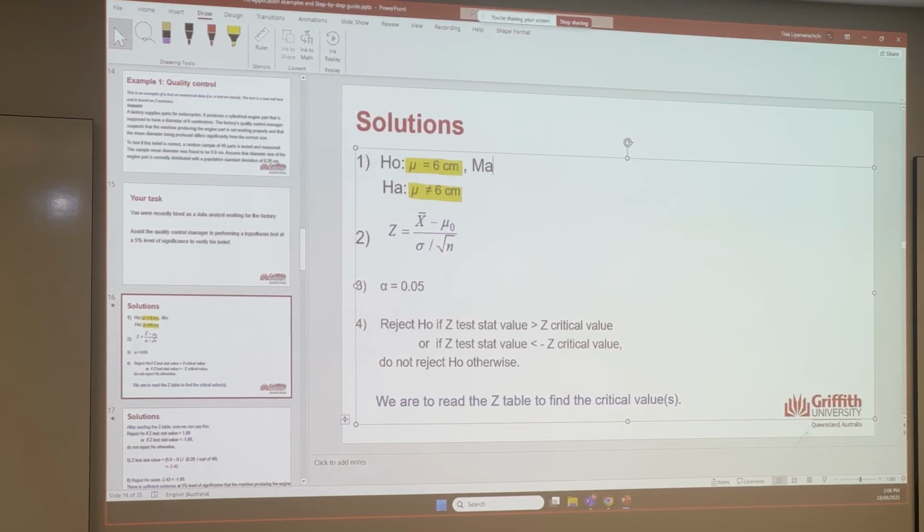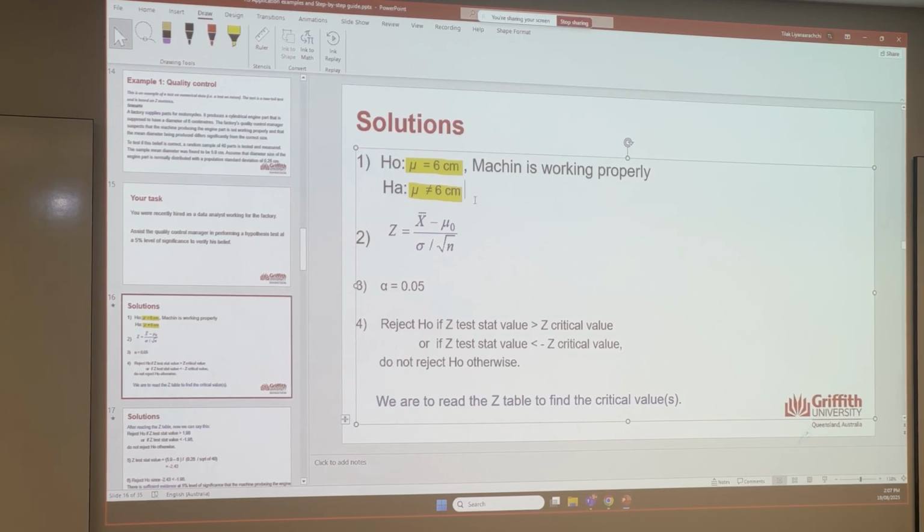That means the machine is working properly, isn't it? So you always have to move from statistician language to the general public. Not everybody can understand. If you say mu equals 6, what do you mean by that? You should put them into layman language.